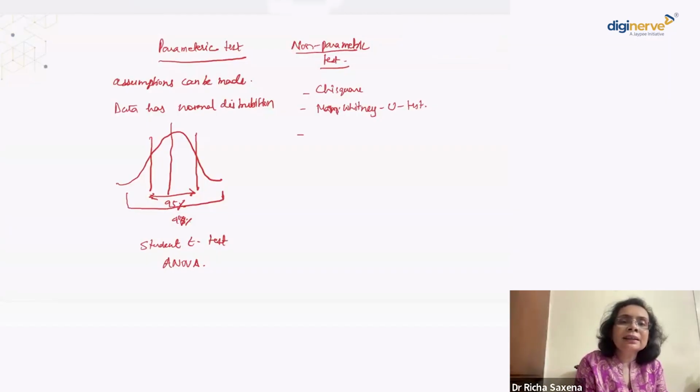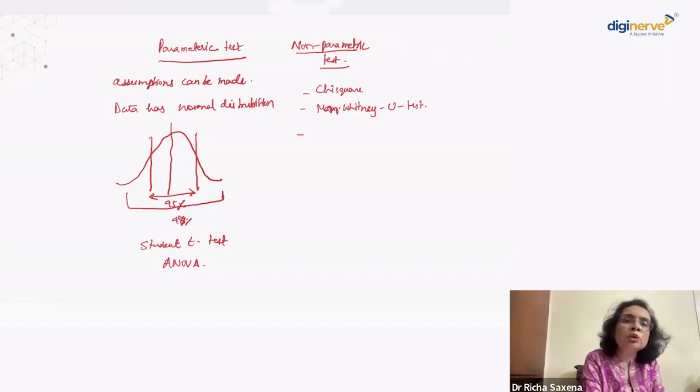To understand different types of statistics tests, I cannot take the entire session because that will be a complete session by itself. I will not be able to do that right now. You can go through my book, which details the general difference.